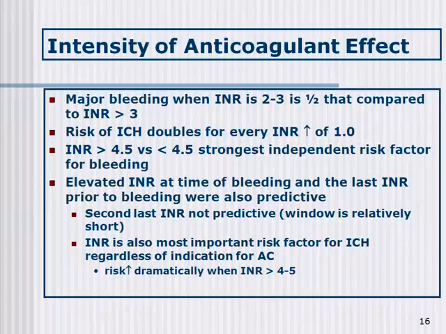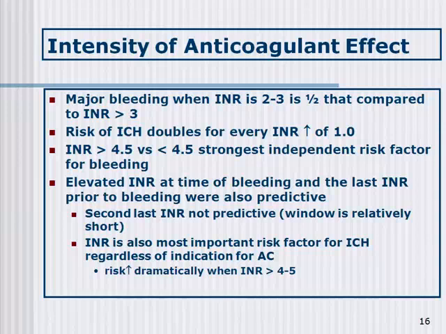But the evidence, and this is from the American College of Chest Physicians, they have a guideline that talks about the use of antithrombotic therapy. Their evidence suggests that if the INR is above 4.5, bleeding is increased, and it's an independent risk factor for bleeding. The other issue with the INR, and this has to do with the way that warfarin works, is that it's not just the most current INR that predicts bleeding, but it's actually the last 2 INRs.